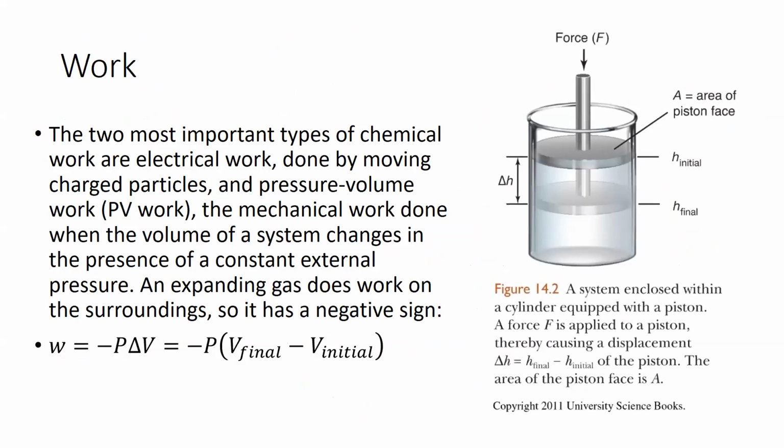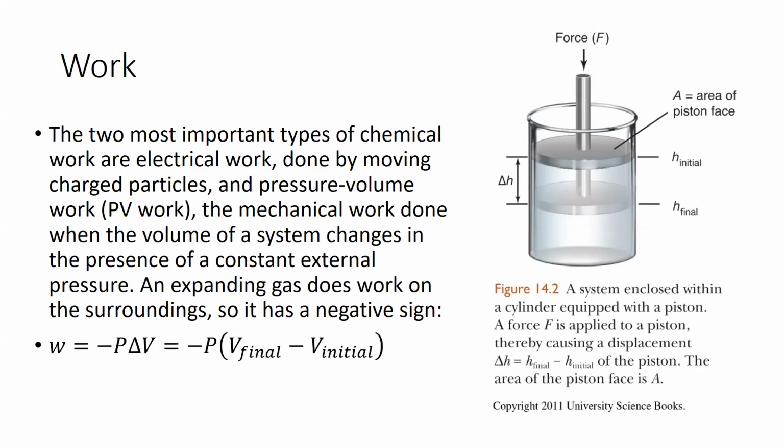Okay, so when we think about work, the two most important types of work are electrical work, where we talk about charged particles moving. So these electrons moving through a piece of wire have mass, so some force has to be applied to them to get them to move. So work is being done on electrons as they move through a wire.